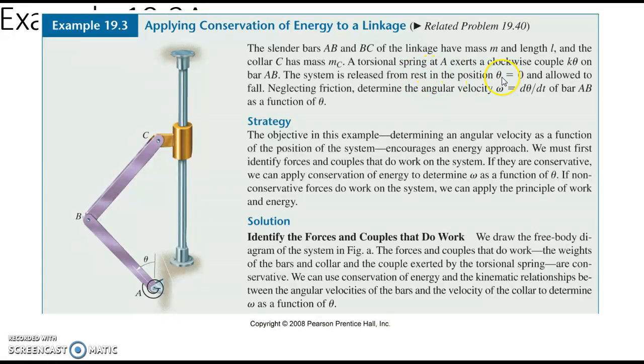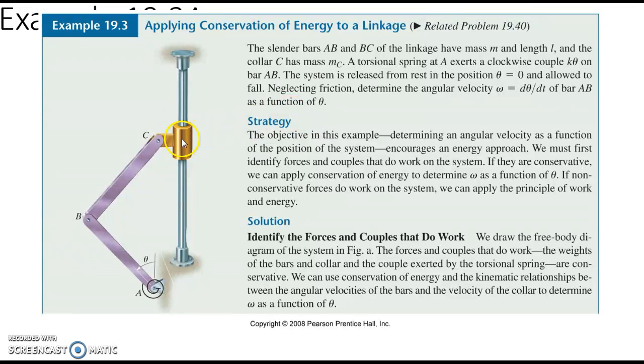At position theta equals 0, here's my theta angle, and also we're told to neglect friction, and we're asked to find the angular velocity omega of the bar AB, so there's bar AB, as a function of theta. We're also told that there's a torsional spring at A that exerts a clockwise couple k theta on bar AB.